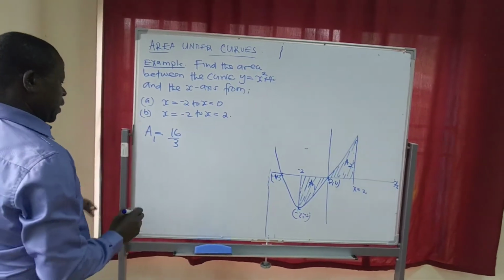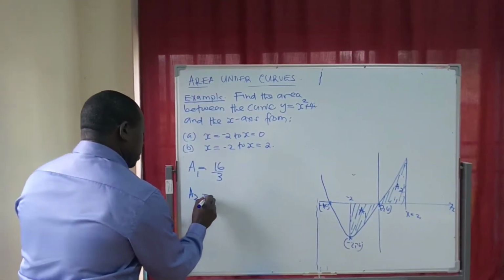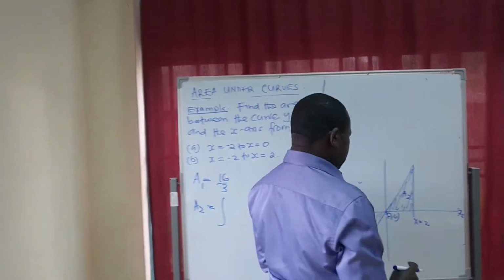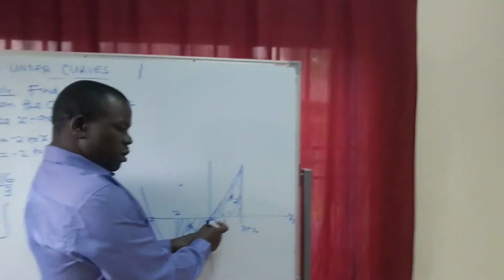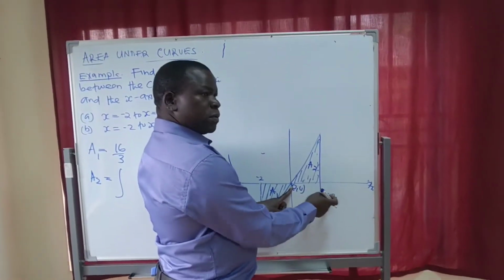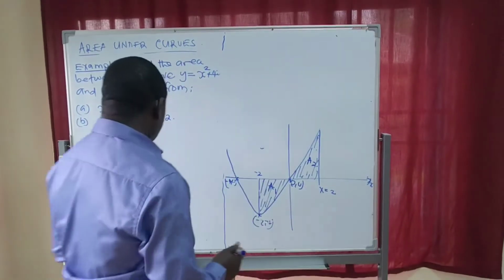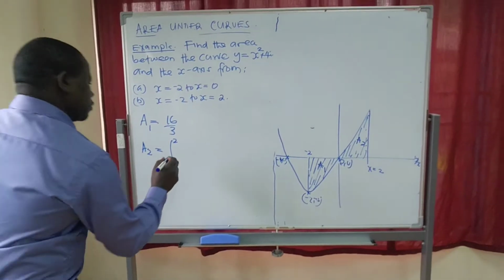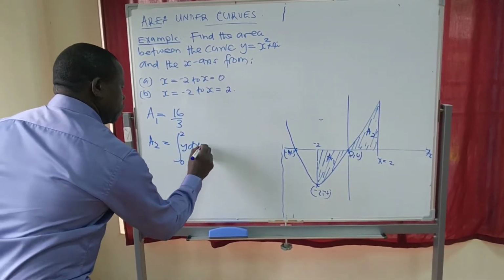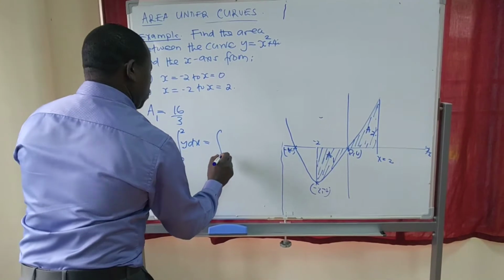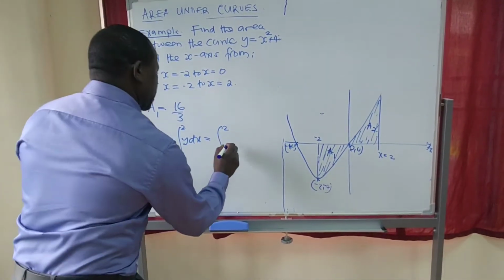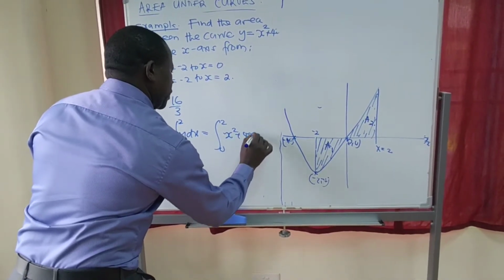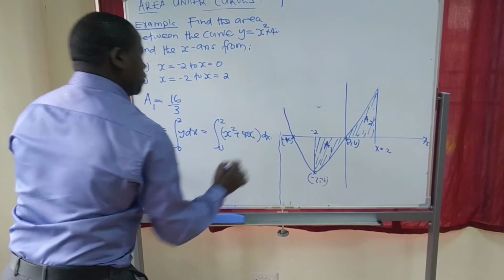And then area A2 would be equal to the integral, where the x value is from 0 up to 2. So those become my limits. So I will now say from 0 up to 2 of y dx, which gives me the integral from 0 to 2 of x squared plus 4x plus 4, dx.